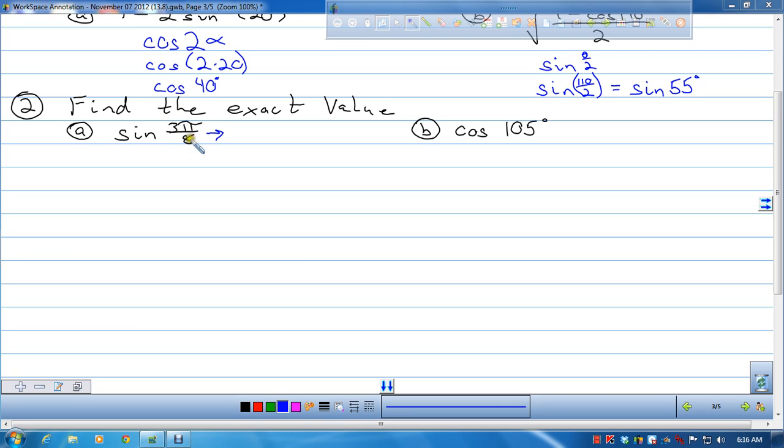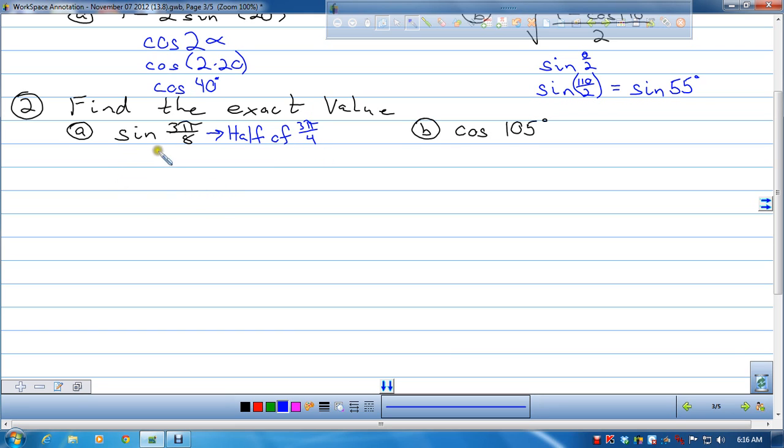A fraction is always half of whatever it would be if you cut the denominator in half. 1/4 is half of 1/2. So I know that this is a half angle, half of 3 pi over 4. So that's going to be my theta.